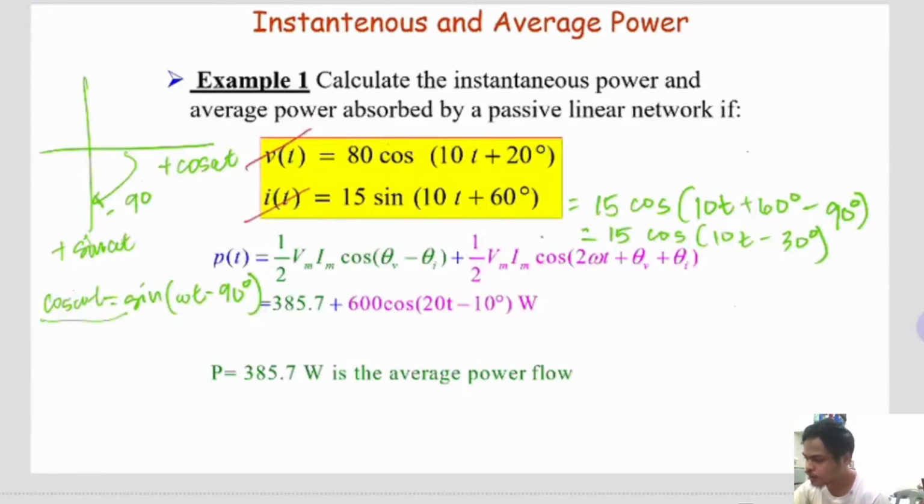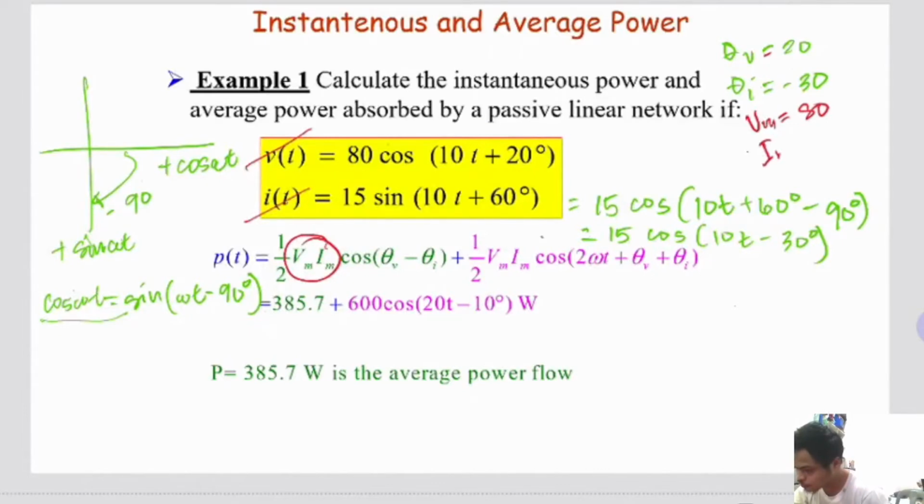So here we have your theta v, and theta i is minus 30. The maximum values are Vm is 80, Im is 50. Therefore, Vm Im is around 600.